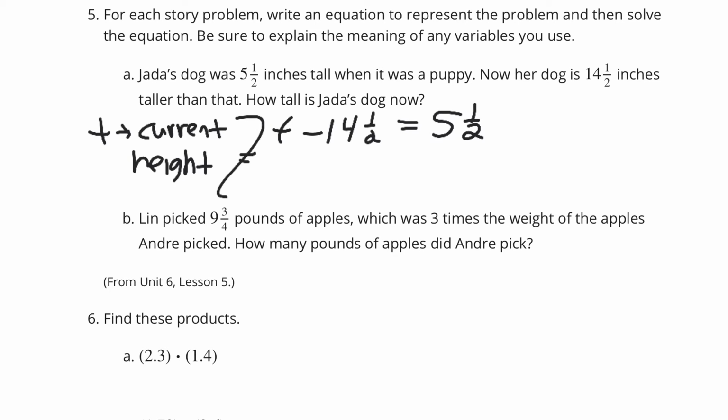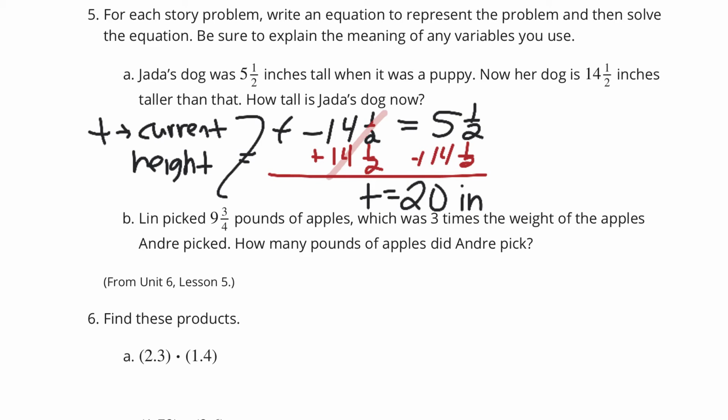So the current height minus the 14.5 inches taller than that is equal to the 5.5 that it was as a puppy. Now, if I just add 14.5 to both sides here, they gave us some clean numbers to work with here. This becomes just 0 there, and then T equals a half plus a half is 1. 5 plus 14 is 19. With the 1 is just 20 inches. And so, Jada's dog is now 20 inches tall.